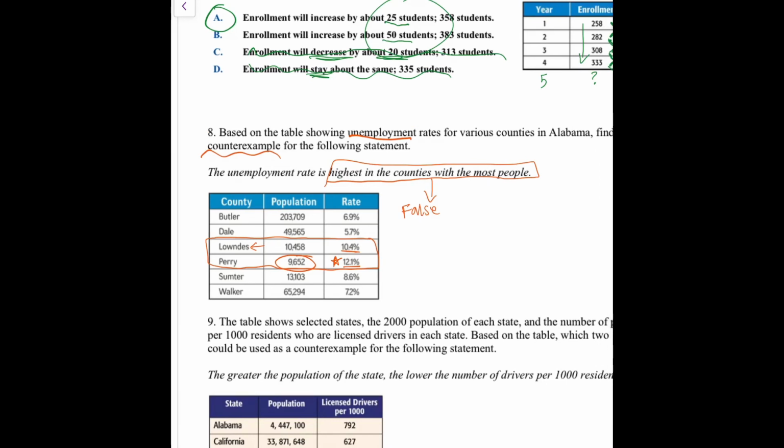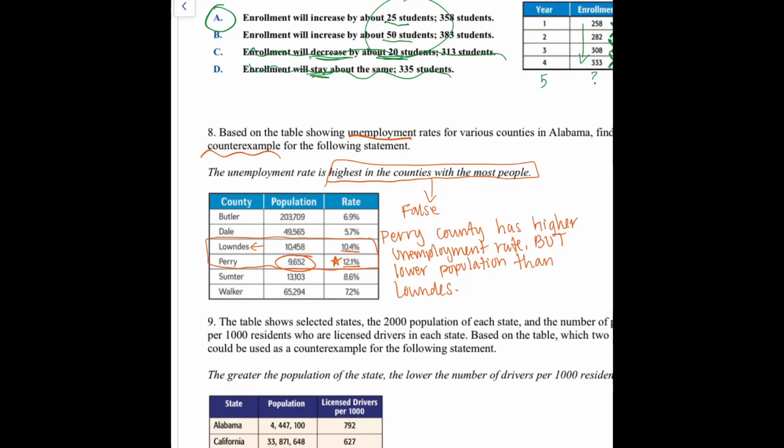So here I'm going to say that Perry County has a higher unemployment rate but it has a lower population than our other county, Lowndes, maybe?